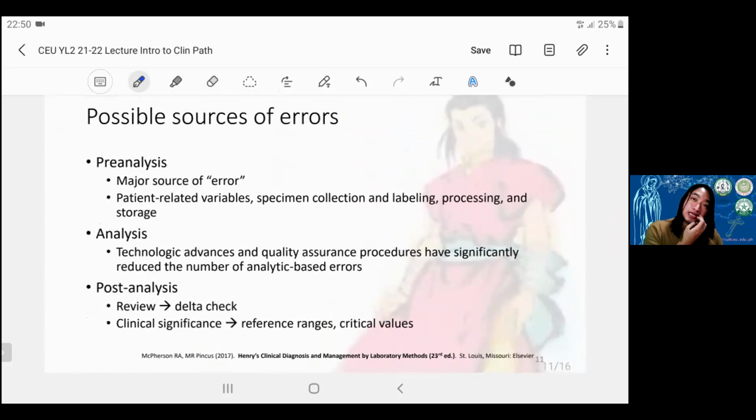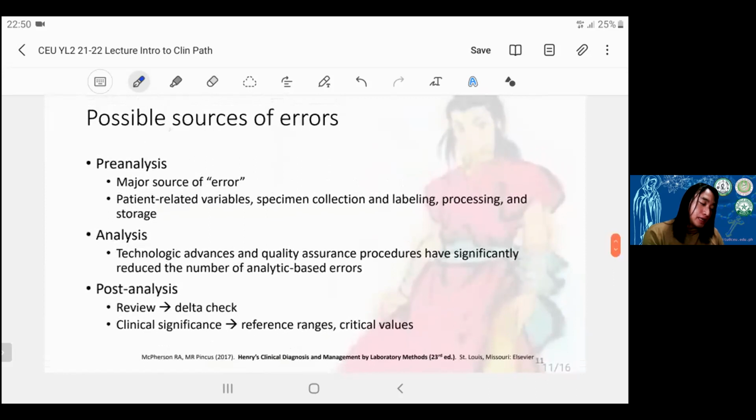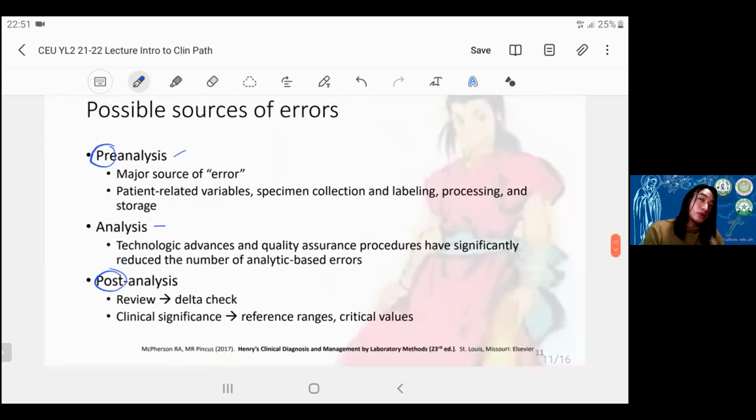So we have three stages or three phases of laboratory tests. Pre-analysis, from the word itself, this is before running the test. Analysis would be during the test itself. And post-analysis would be after doing that specific laboratory test.